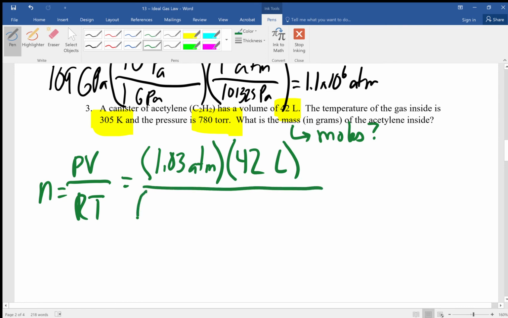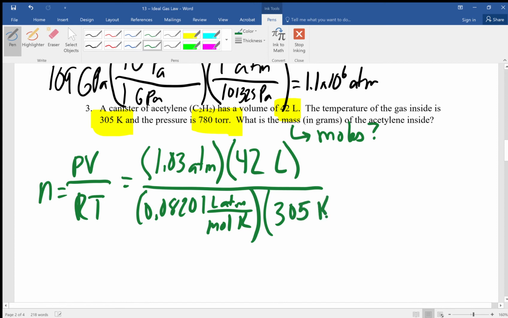On the bottom, we plug in R. And then the temperature was already given in Kelvin. So if we solve that, we get 1.73 moles.